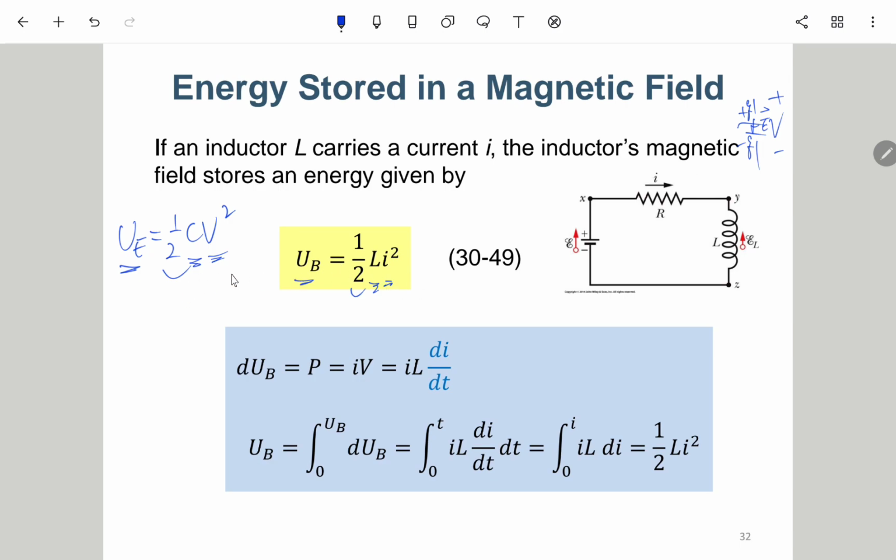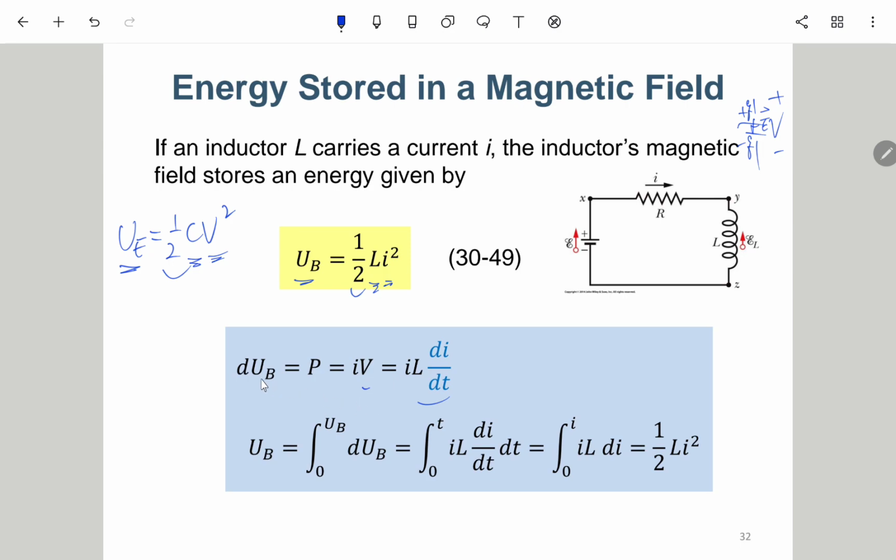So this is the duality, and this is a derivation. We have dUB, a small amount of energy in the B field, which is the power P times dt, and P is I times V, where V equals L di dt, as we learned previously.